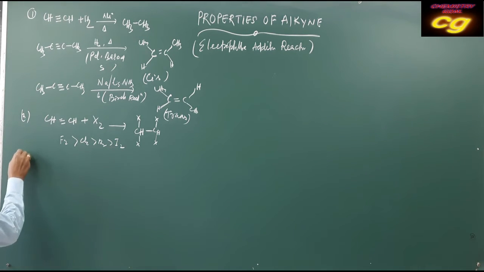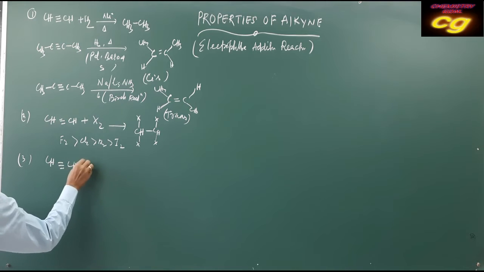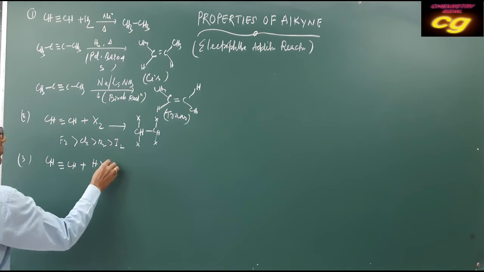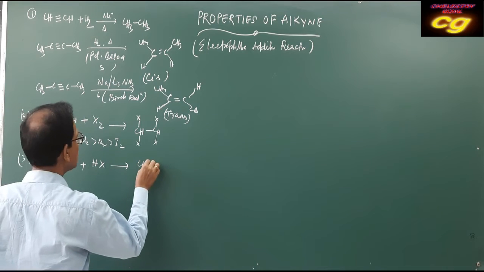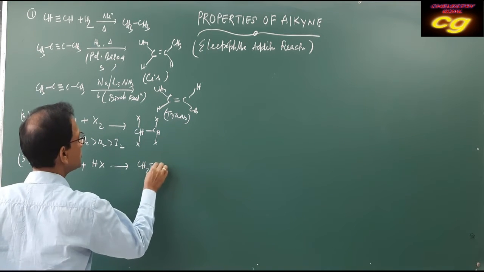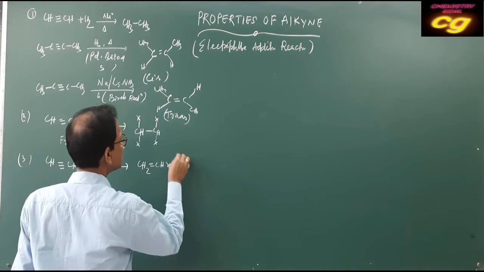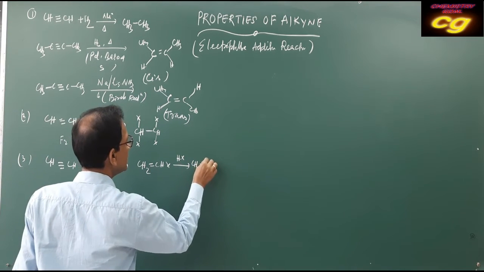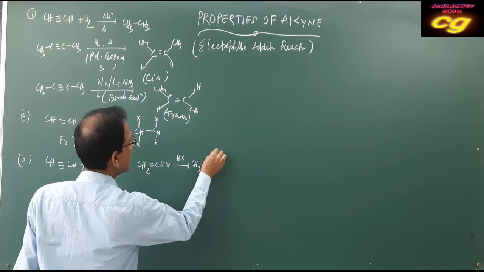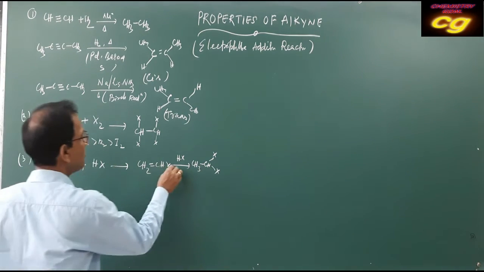Then with halogen acid, the product will first be CH2=CHX, and on further addition of another HX, the result is CH3CHX2. This follows the Markovnikov law.